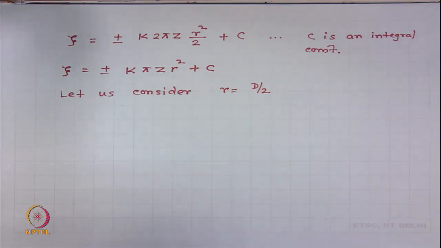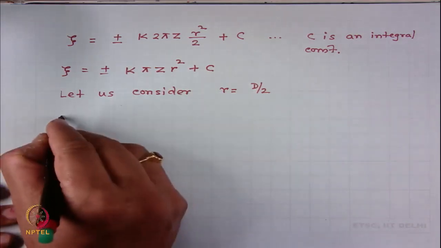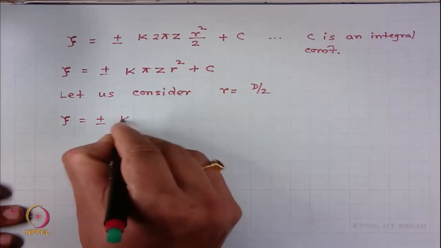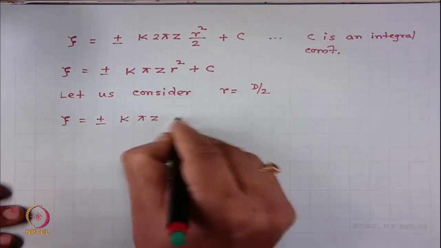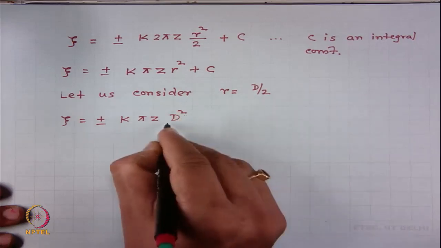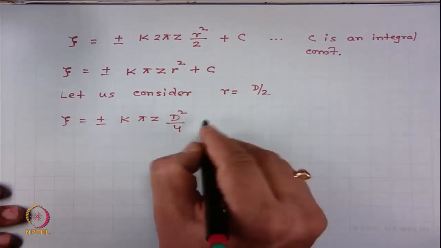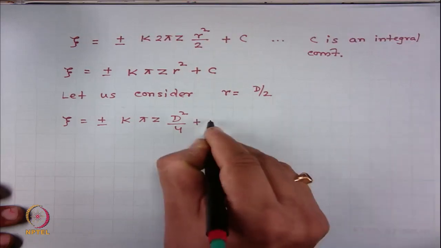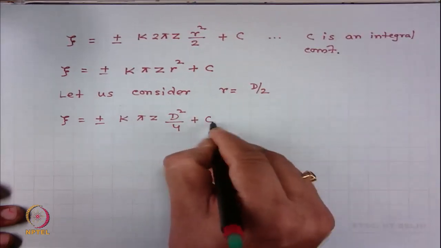So, zeta is equal to plus minus k pi z d square by 4 plus c.